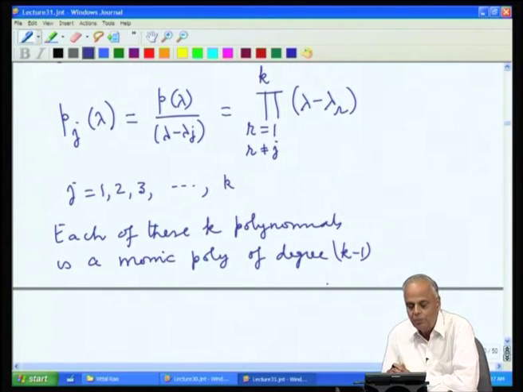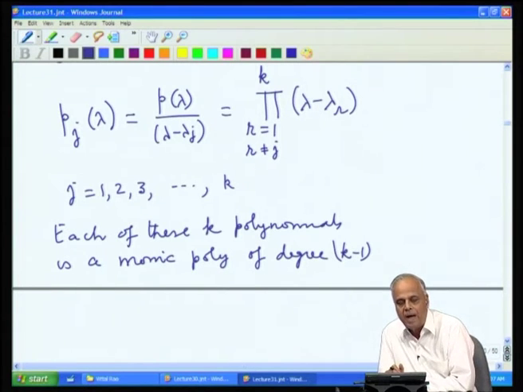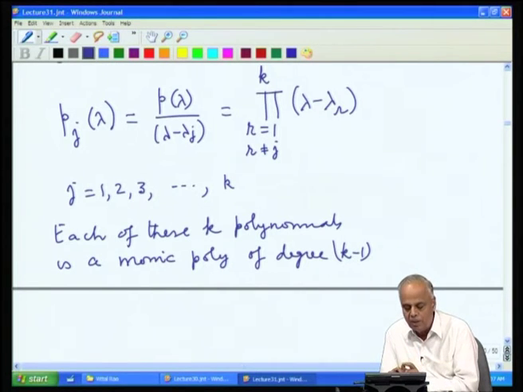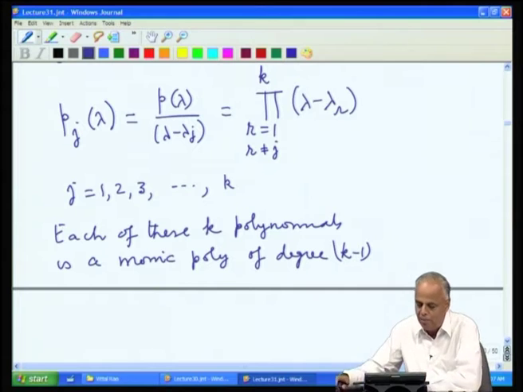Now, let us look at this polynomial p j lambda. The p j lambda has factors lambda minus lambda r except the lambda j factor. So, if I put r equal to 1, lambda minus lambda 1 is a factor, so lambda 1 will be a root. Similarly, lambda 2 will be a root, lambda 3 will be a root. So, all these lambdas will be roots except lambda j.